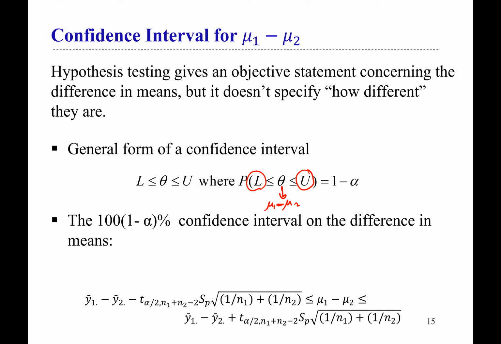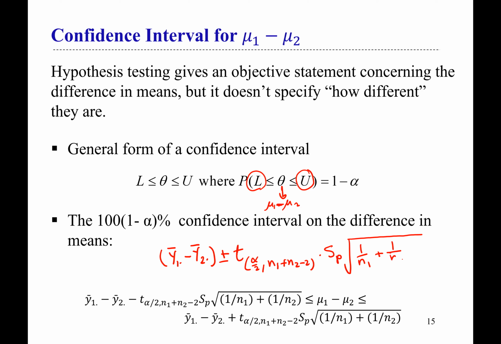So in general, the confidence interval for the difference between two treatment means is y1 dot bar minus y2 dot bar, plus or minus t value at alpha over 2 and degrees of freedom n1 plus n2 minus 2, times the pooled standard deviation Sp as a common factor because we assume sigma1 squared equals sigma2 squared, times the square root of 1 divided by n1 plus 1 divided by n2.